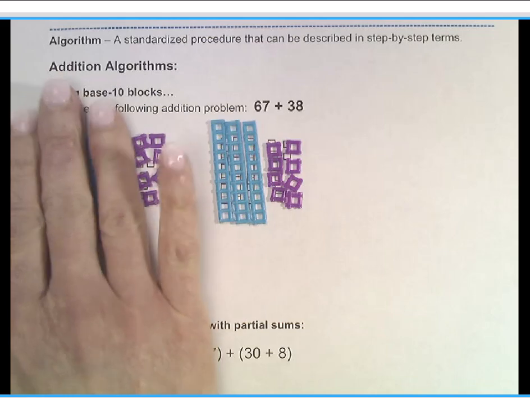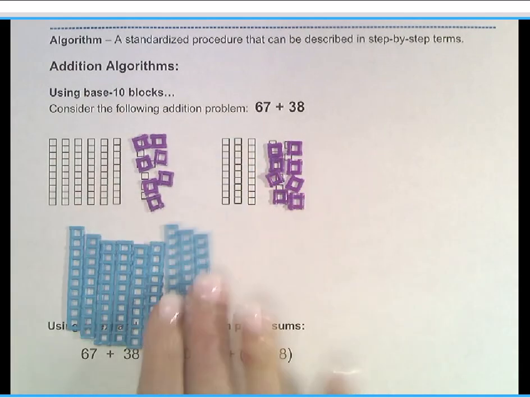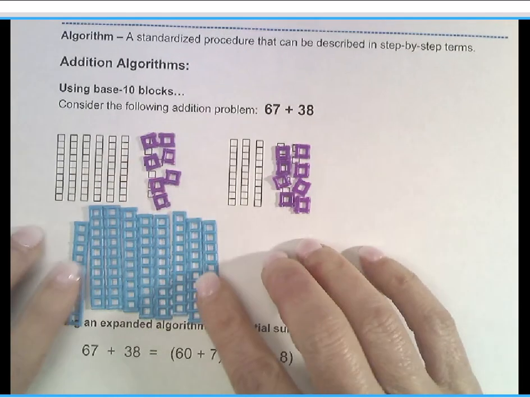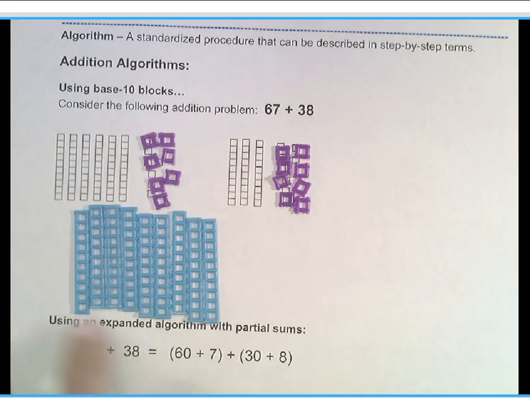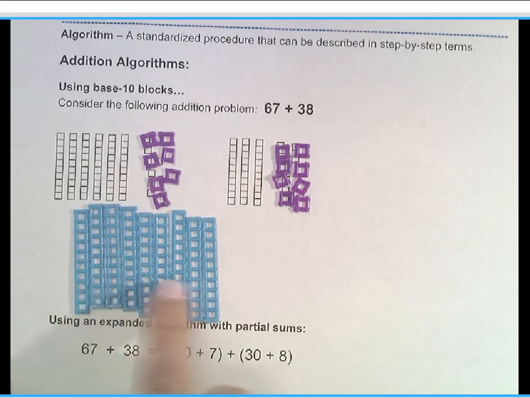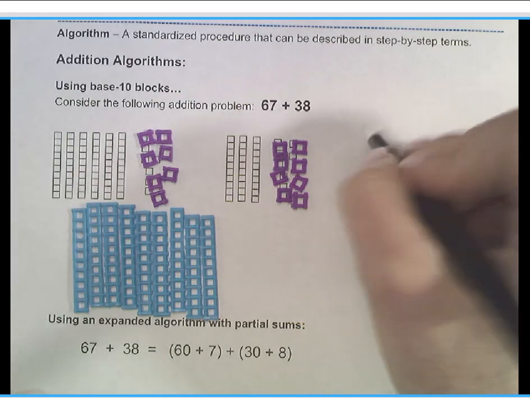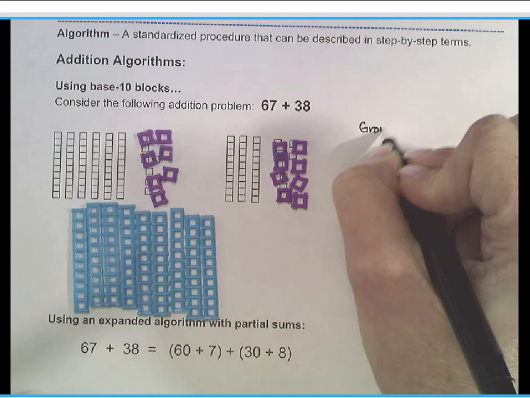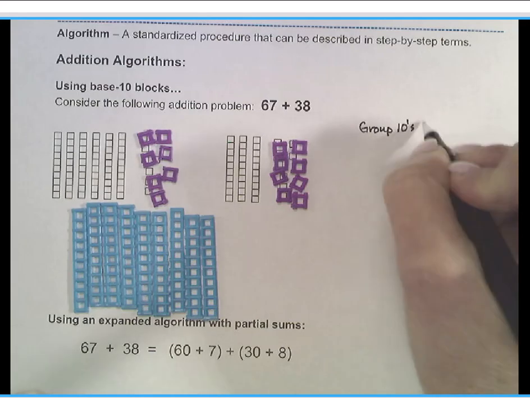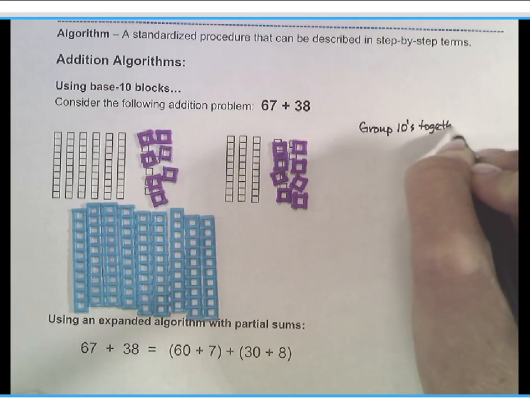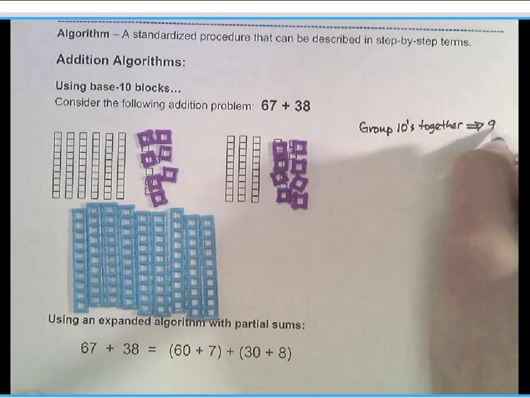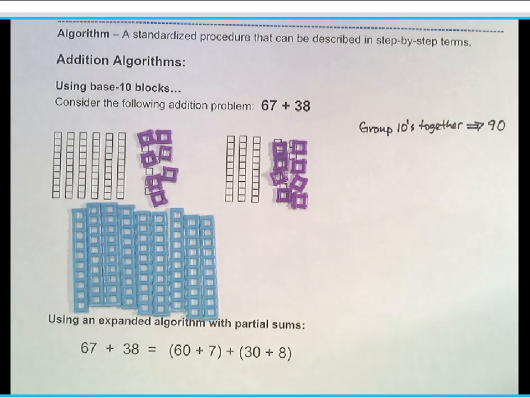If I group the 10s first, I had 6, and then I had 3 more, so that gives me 90 total.